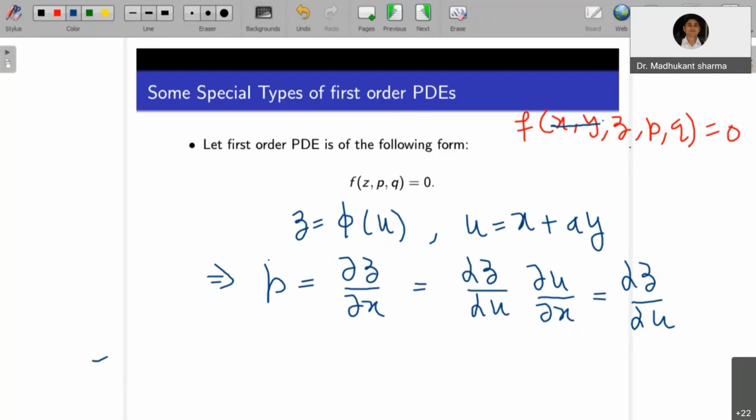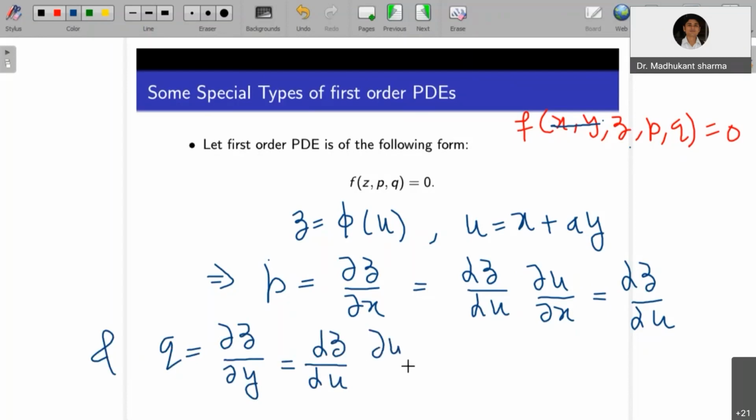And q equals dou z by dou y, which is dz by du times dou u by dou y, so a times dz by du.